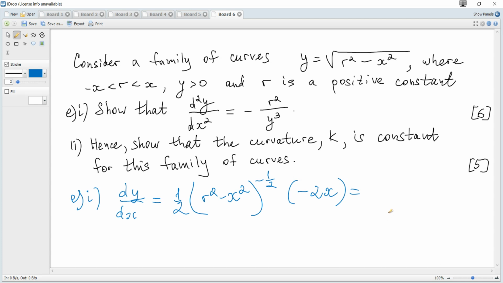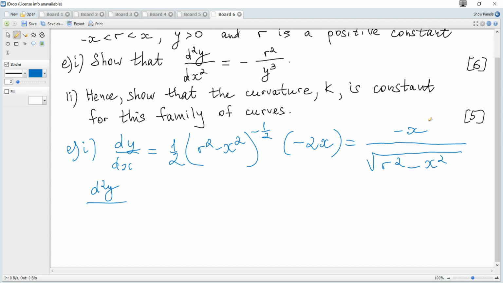Let's rewrite. As you can see, 2 cancels, so it's negative x, and the power of negative a half becomes a square root in the denominator. And to find the second derivative, we should consider this as what? A quotient, and actually it may be considered as a product using this.